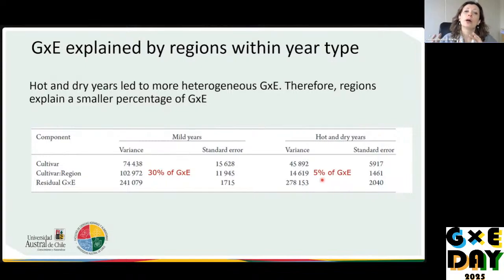This is also why it's important to consider the year type. In Chile, for example, and also in Australia, we have the Niño and Niña years that are very contrasting in their phenology. So it makes sense to make regions that are specific for Niño and Niña years.